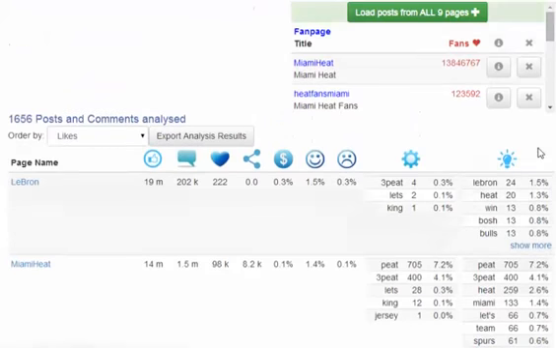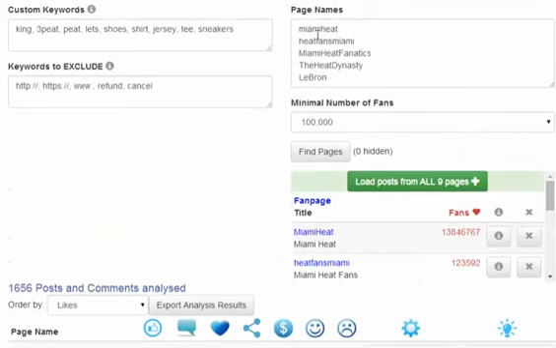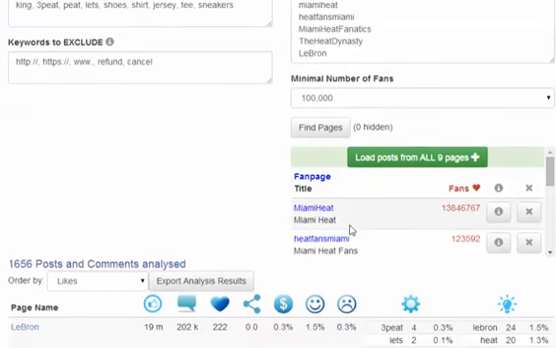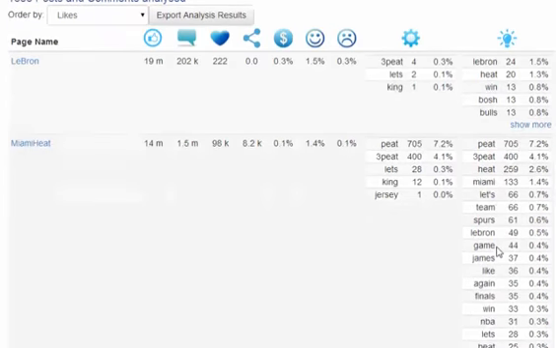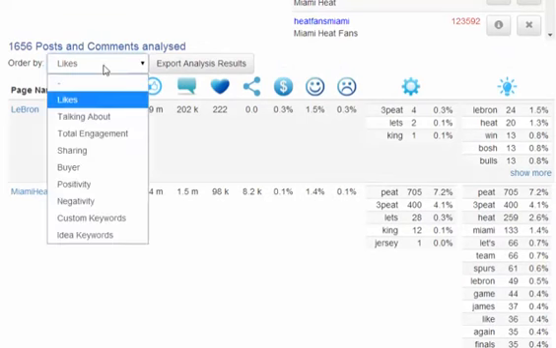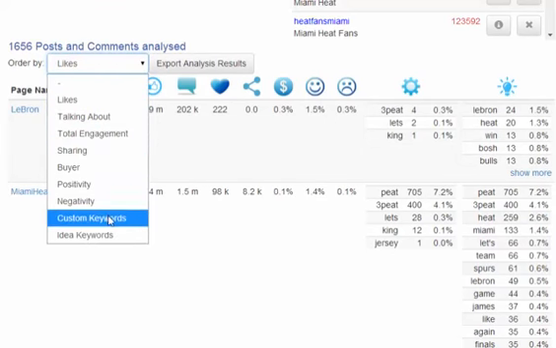So just to recap, we describe the kind of product that we're selling up here, and then we look to see how many times those words are mentioned on that page, and it gives us a very cool idea of whether that fan page is going to be a good fit to target our ad and our campaign to. So, scanning down here, let me scroll up and arrange by our custom keywords.